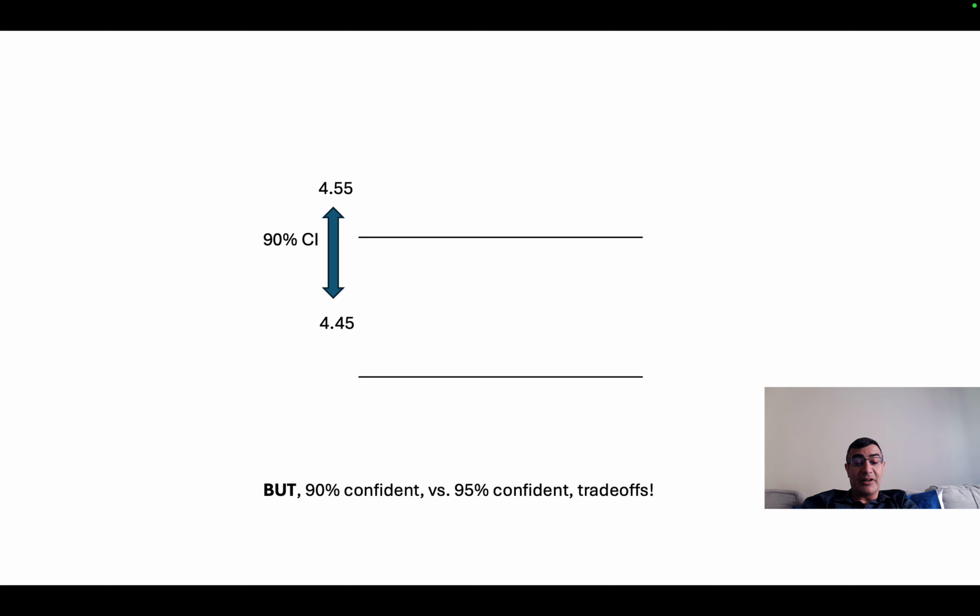Then you definitely got above that, and you'd be 90% confident. So there are different trade-offs. Generally, we use 95% as the confidence interval. If you want to enhance the confidence, just understand the range is going to get bigger. So keep it simple, just use a 95% confidence interval, but understand what happens when you increase or decrease the interval.